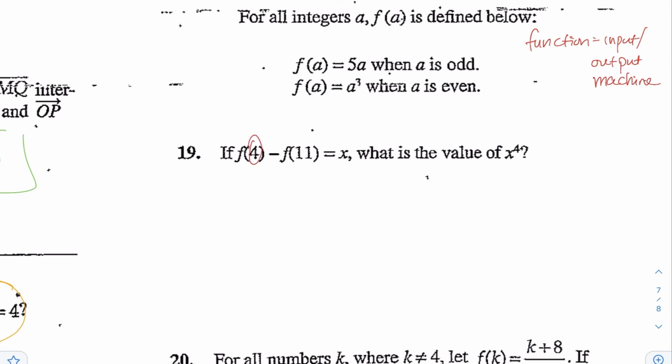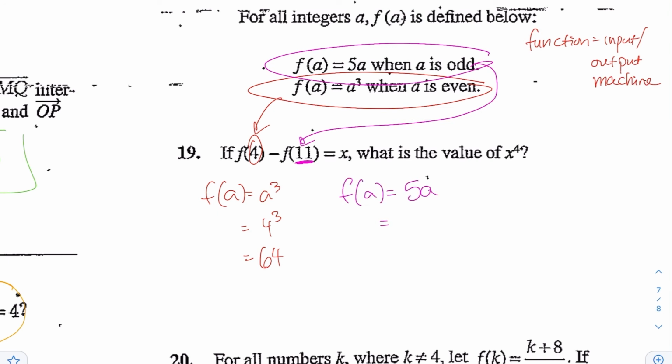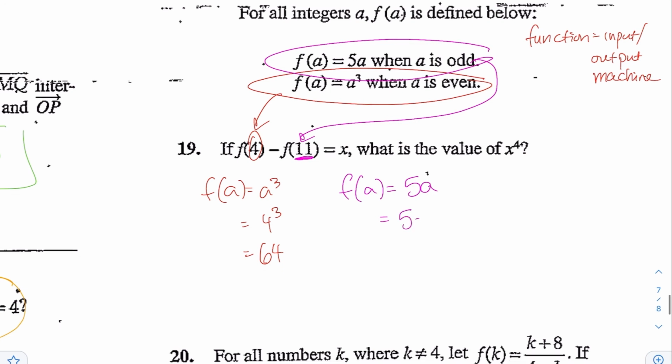And for these input-output machines, you need to just substitute in. So for the first function, a is even. So if a is even, you'll have to do this rule. So f of a will be a cubed, or 4 cubed. And 4 cubed is 64. Now for the second number, 11 is odd. So that's going to be the first function. F of a in this case will be 5a. So you substitute in 11, it'll be 5 times 11, or 55.